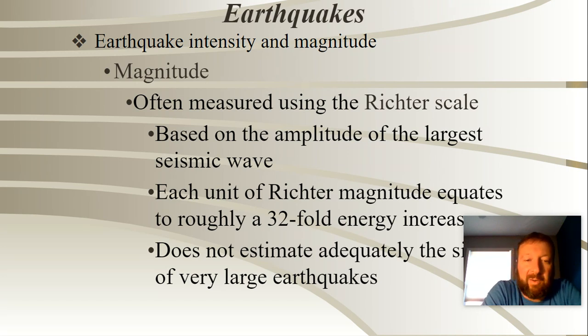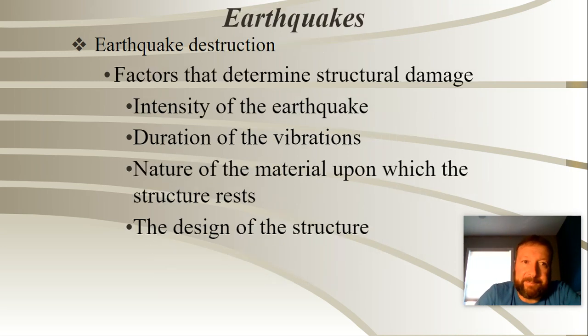So when you start increasing from a 3 to a 4 to a 5, you start increasing exponentially, and if you were to have about a 10 magnitude earthquake, it would be catastrophic. Usually most earthquakes, even bad earthquakes, are going to be between 6, 7, 8 on the Richter scale. Really bad ones get up into the 9.